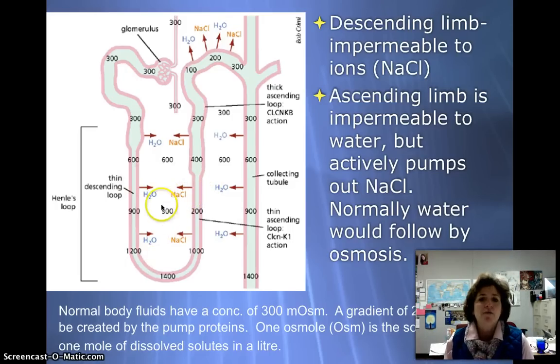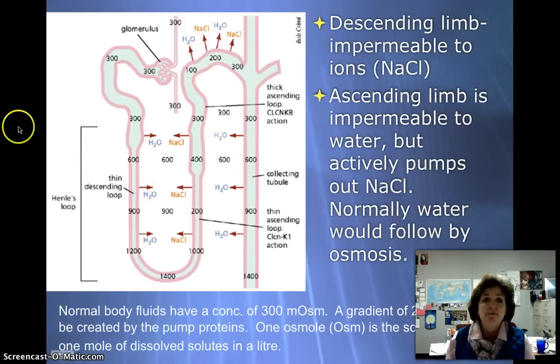Normally water would follow by osmosis, but it can't do that. So it sets up a really unique system of concentrating our sodium ions as it goes farther down the loop of Henle. We'll talk a little more about how this works a little later.